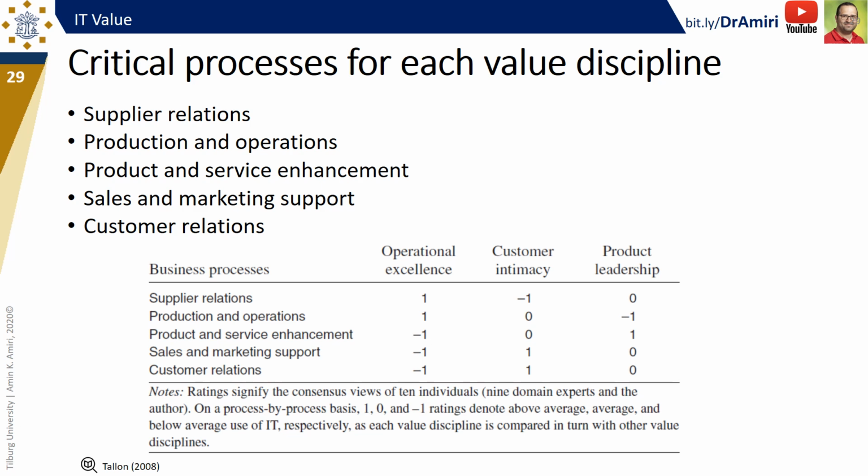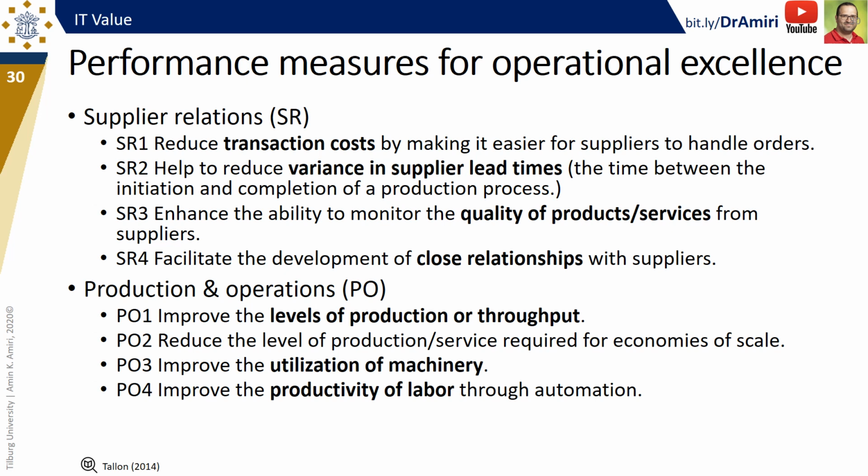In this slide, we can suggest two sets of performance measures for the operational excellence value discipline. Under supplier relations, we can have measures such as transaction costs, variance in supplier lead times, quality of products and services from suppliers, and close relationship with suppliers.